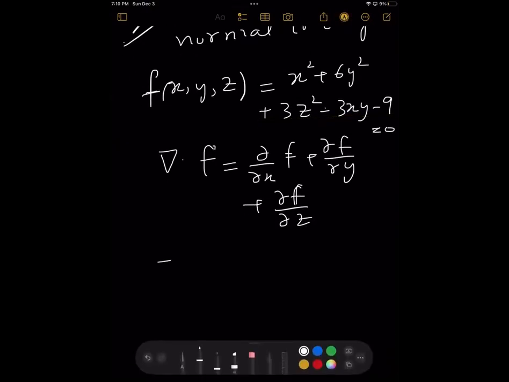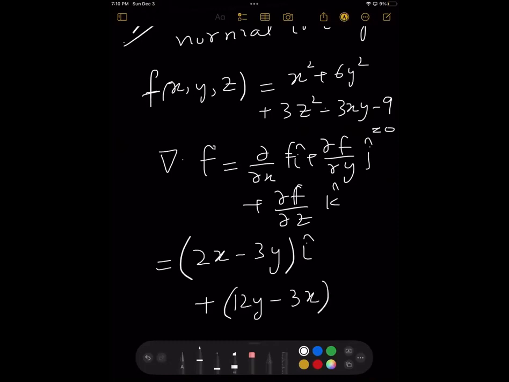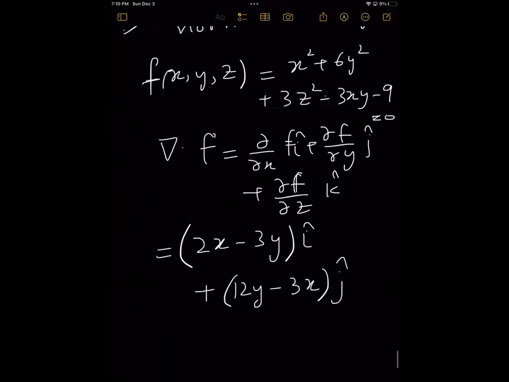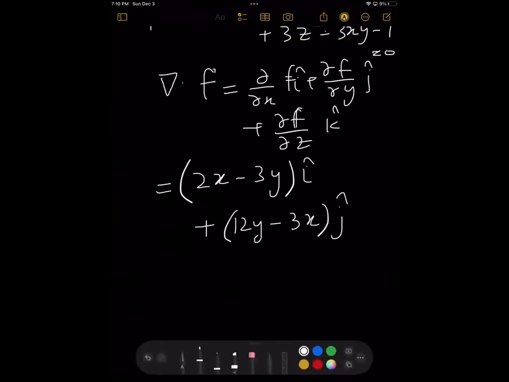So this will be (2x minus 3y) i vector, plus (12y minus 3x) j vector, plus 6z k unit vector. So this is our del f, the gradient f, whatever you call it.